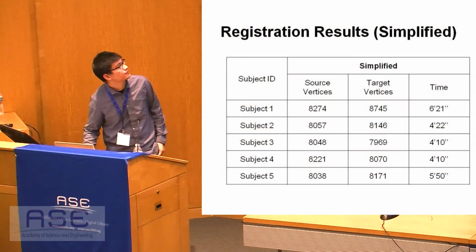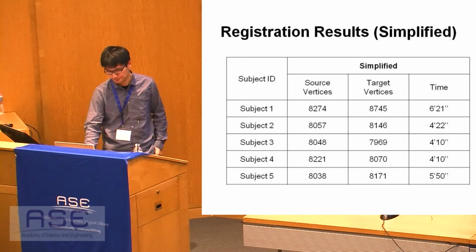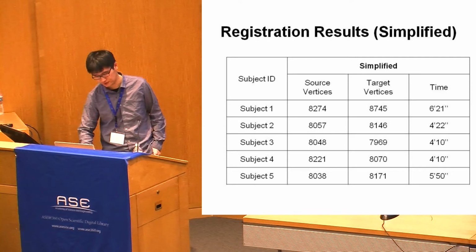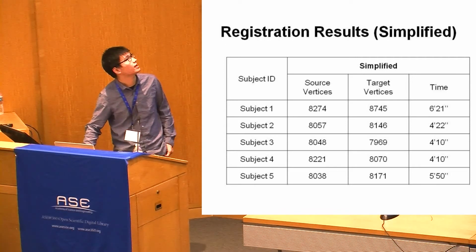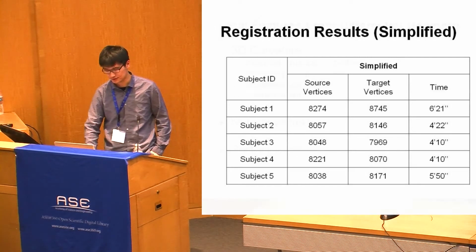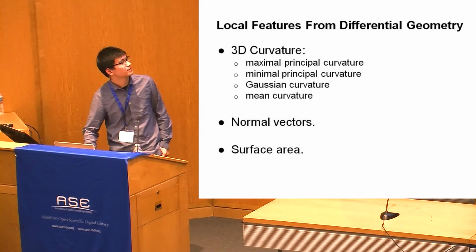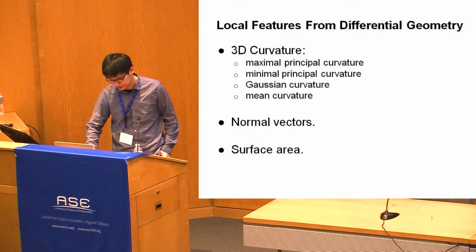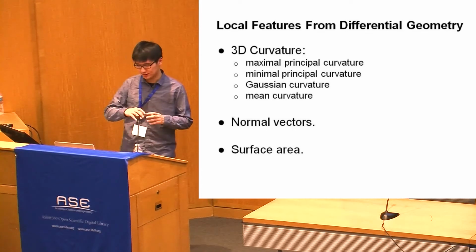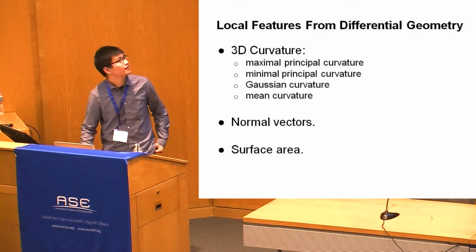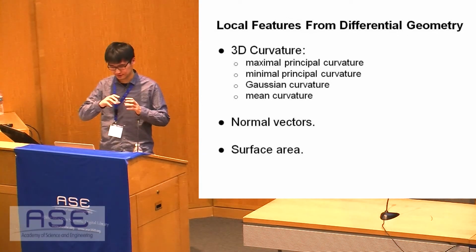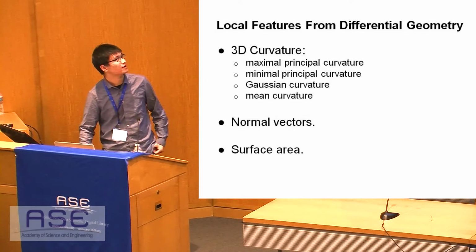The third part of our framework is local feature computation. We tried lots of local features from differential geometry, and we want to introduce three in our framework: three-dimensional curvature, normal vectors, and surface area. I just want to mention that in two-dimensional space, we can compute the curvature for a curve, and generally, if a curve is more curved, then this value is going to be larger.